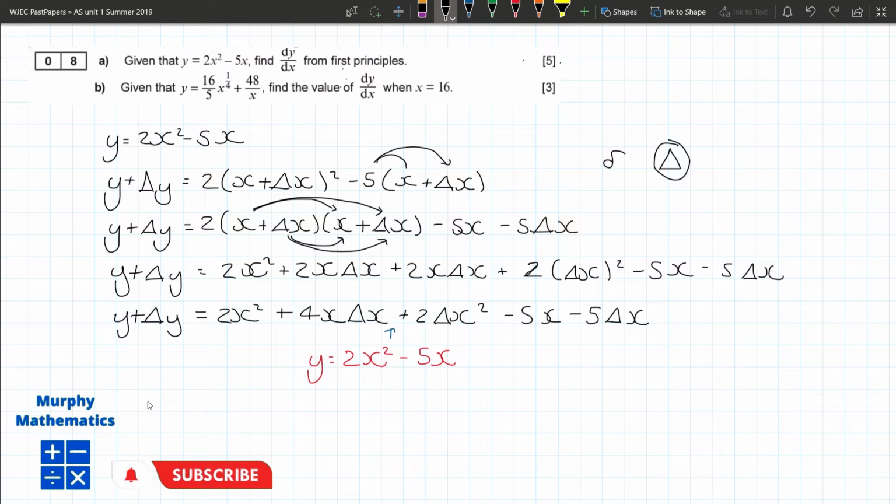So y minus y, I'm left with delta y on the left hand side equals, my 2x squared is cancelled out by this 2x squared, so I've got 4x delta x, and then plus 2 delta x squared. My minus 5x will cancel out, and I'm left with minus 5 delta x.